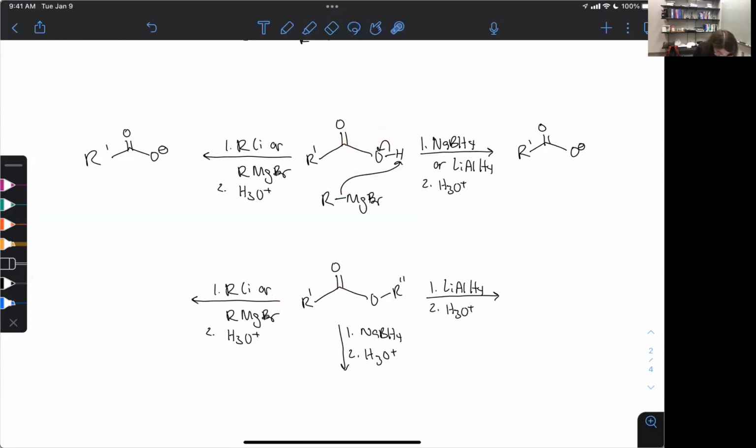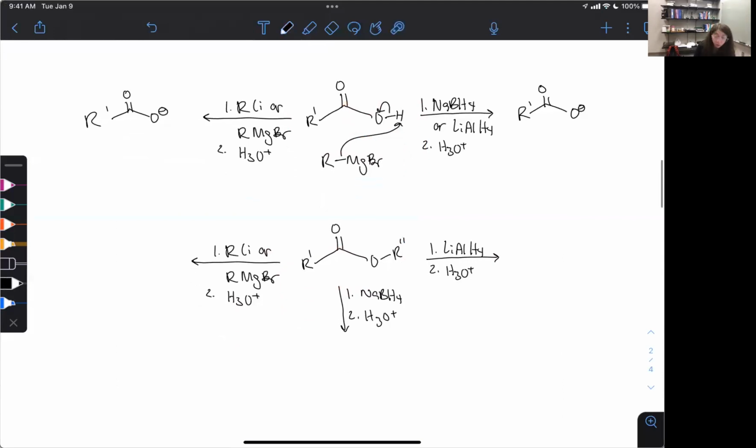Okay, so we talked in class a little bit about how we go through that mechanism. It's the same exact thing as the chloride mechanism, right? So we're going to start by seeing the organolithium or the hydride or the Grignard going to the carbonyl, we end up with our tetrahedral intermediate, and this is R2, R1, there we go.